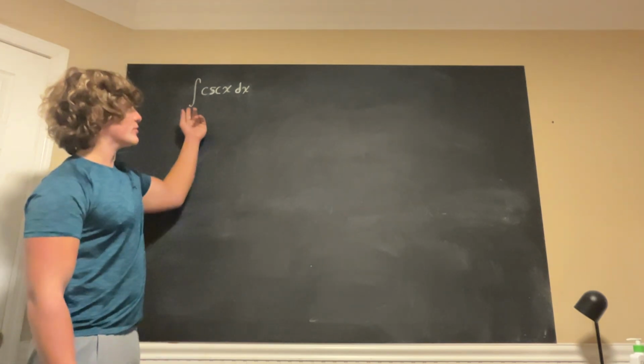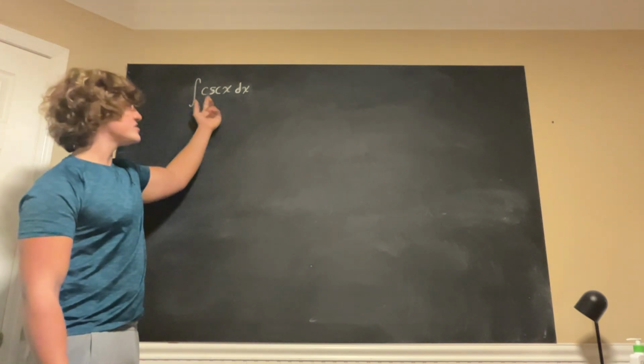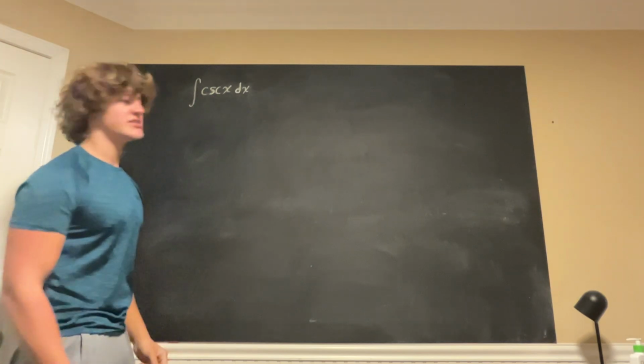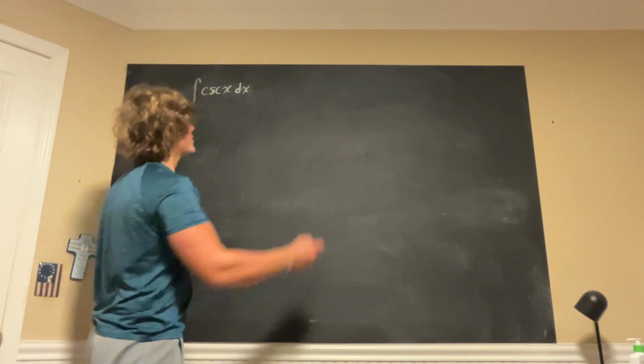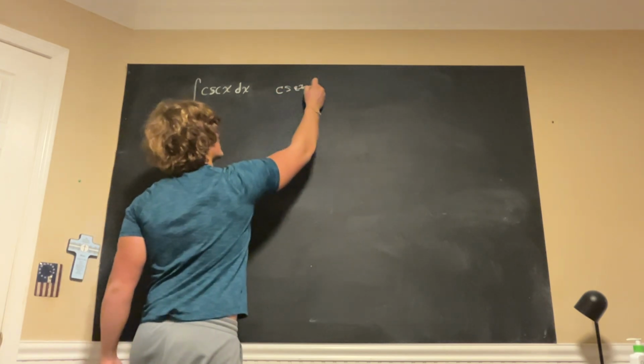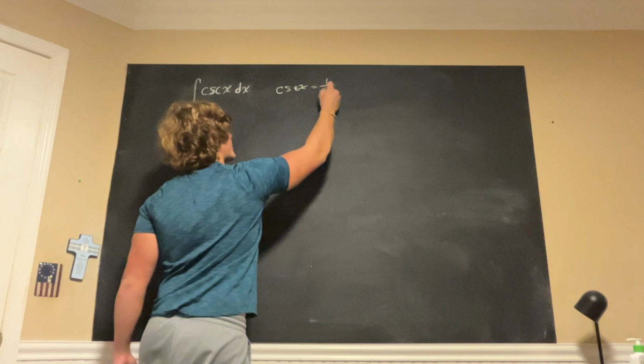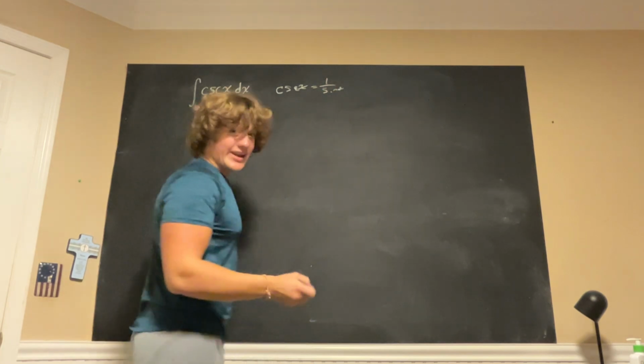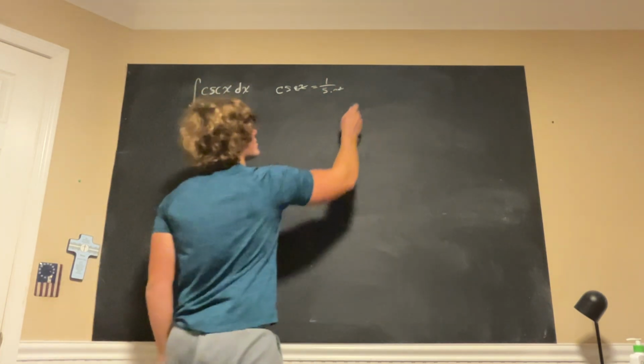In this video we will be integrating cosecant x with respect to x. Now we know that cosecant x is equal to 1 over sine of x, and I will write this for a future step.